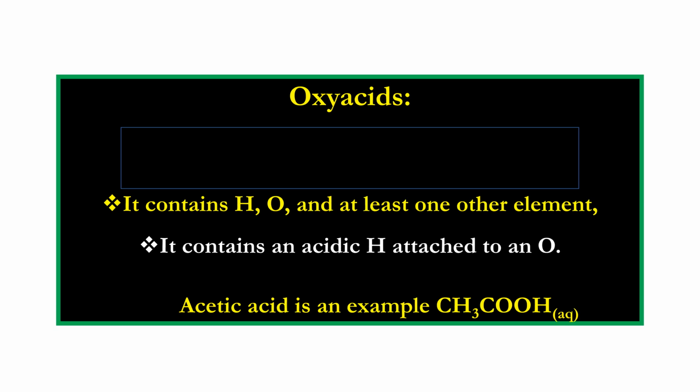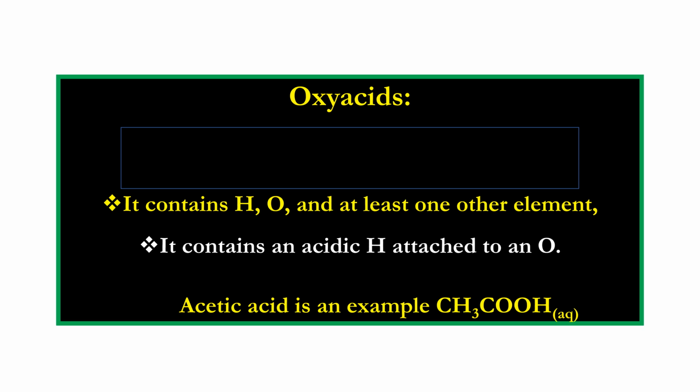Now we look at oxy acids. What is an oxy acid? An oxy acid is an acid that contains oxygen, hydrogen, and at least one other element. It must also contain an acidic hydrogen.